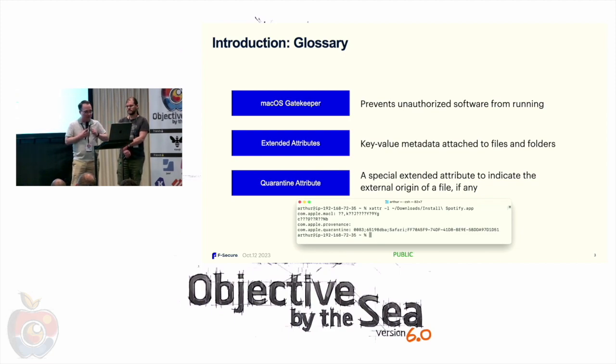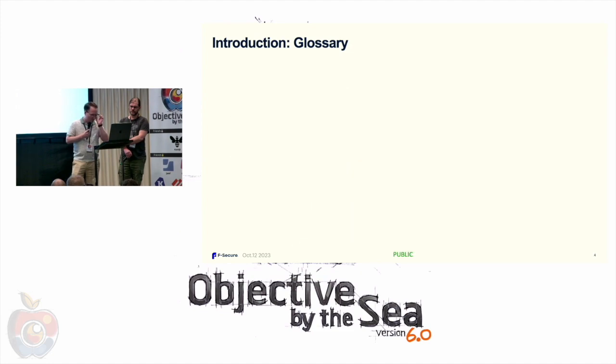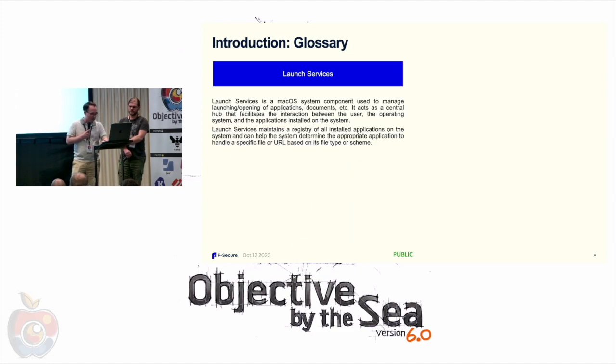You can look at it by running the xattr command or ls, and you will see, for example, where that file was downloaded from, or which application actually downloaded it. Another important topic is Launch Services.